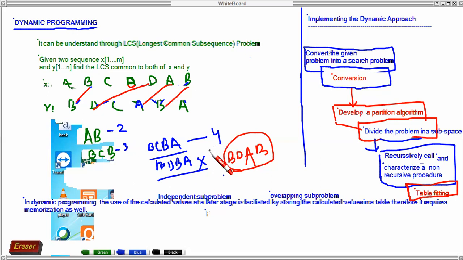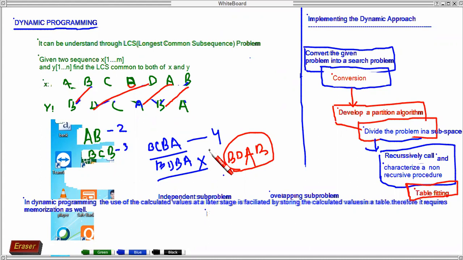That is the length. This is the approach for finding the longest common subsequence. There is an algorithm, we will understand the algorithm, then we will go for the memoization method that we discussed, and the table filling methods.